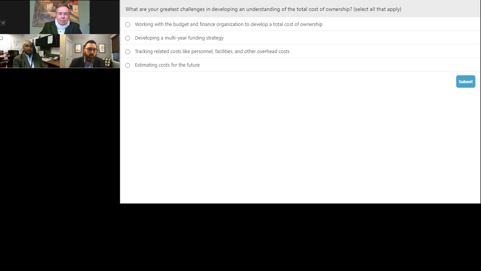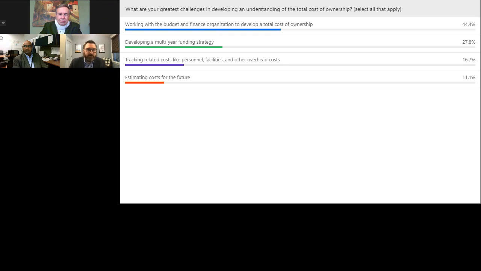One, working with the budget and finance organization to develop a total cost of ownership. Two, developing a multi-year funding strategy. Three, tracking related costs like personnel, facilities, and other overhead. Or four, estimating costs for the future. So lots of different ways of thinking about these challenges.